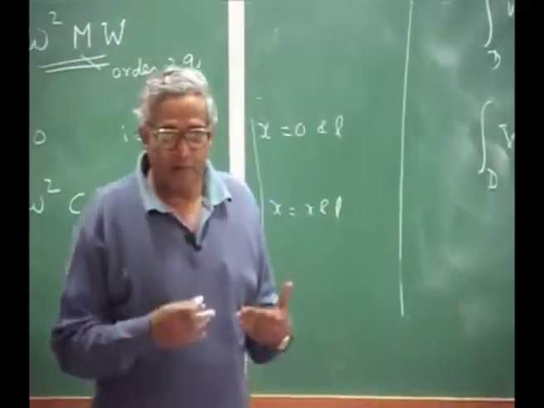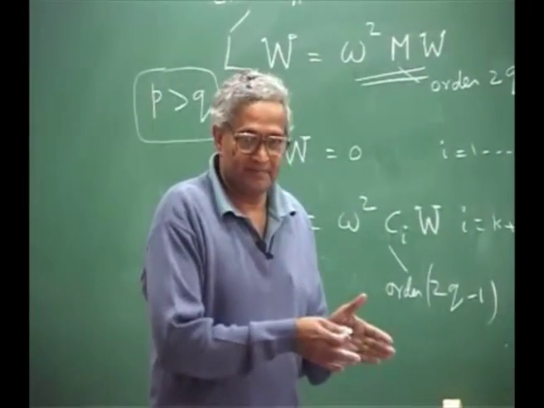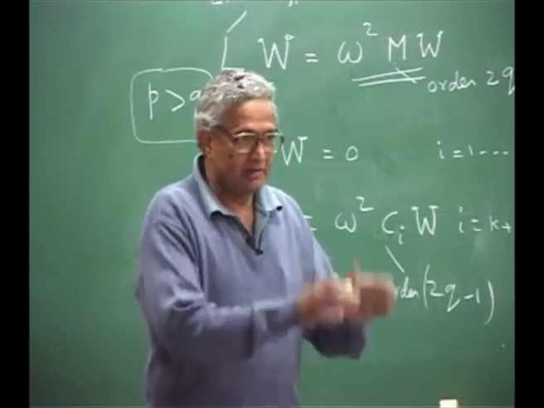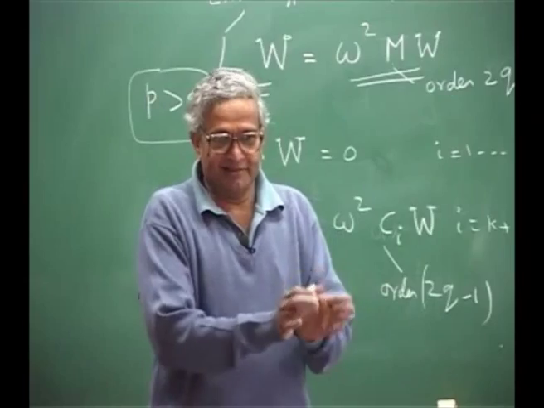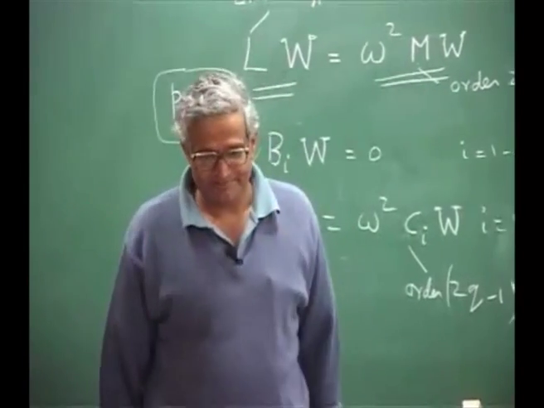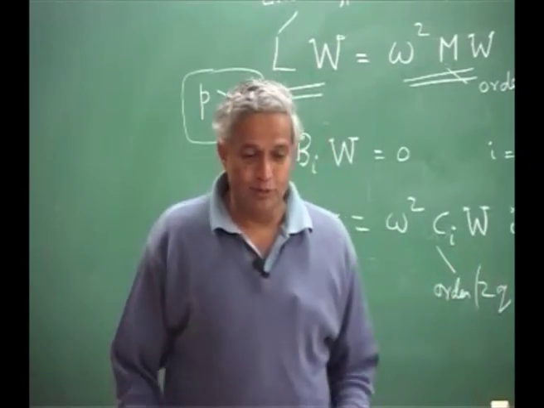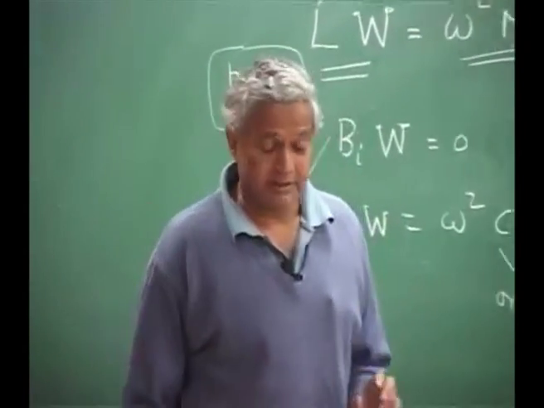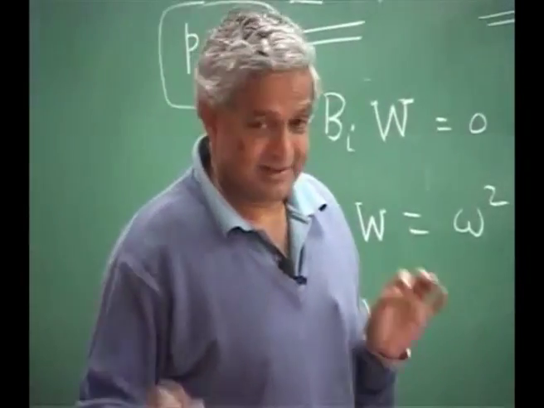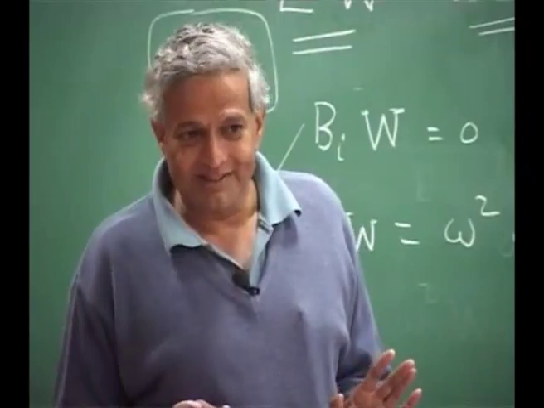So if you want to get an exact solution, only in very special cases can you have one. That is like an ideal case, a uniform beam, cantilever or simply supported, where you can get a nice solution.